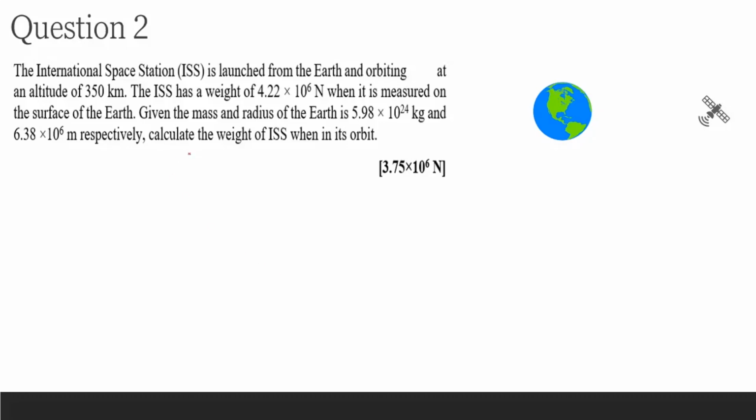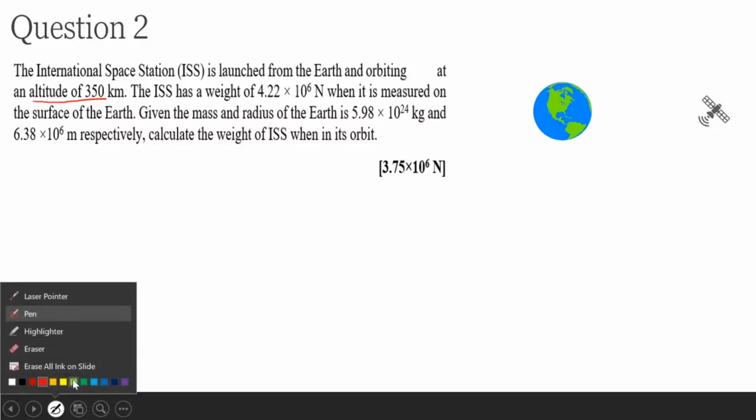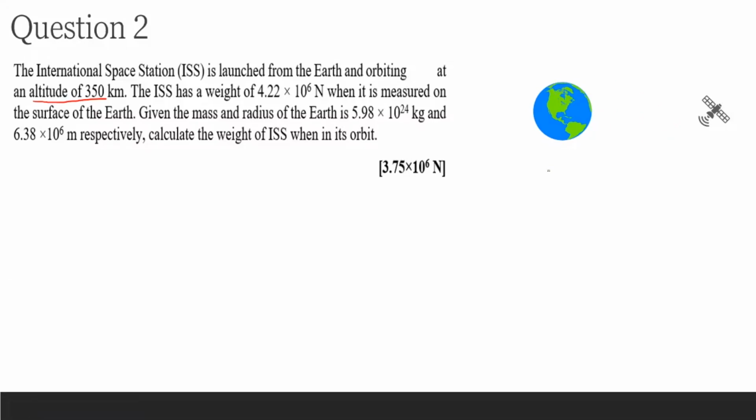So, first thing first, altitude. Okay, what is altitude? Altitude is distance above the surface of the Earth. So you can look at this figure that I have on the right. We have the Earth and this is ISS.